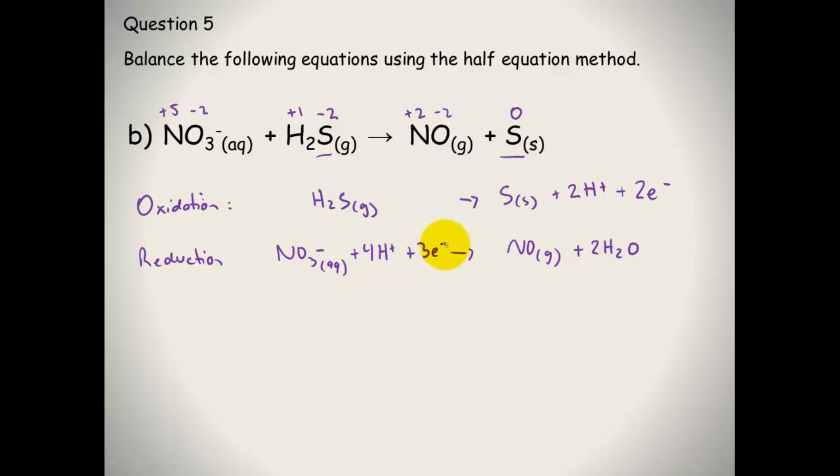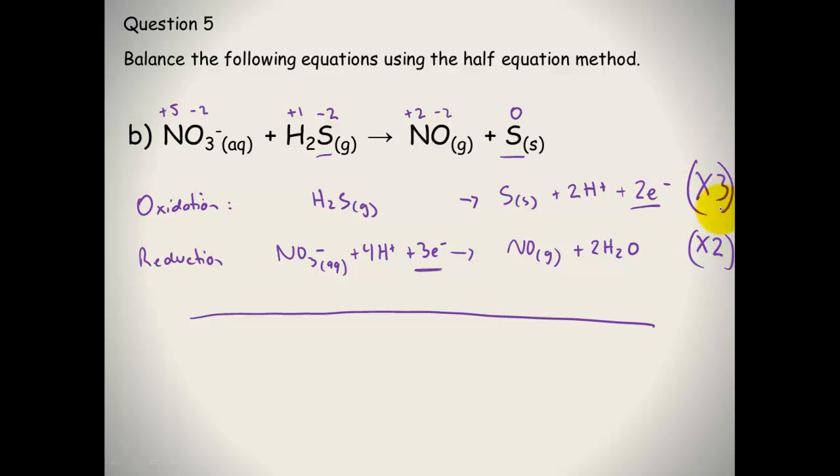Okay, so our next step is to make sure that these electrons here are even so that we can add those two half equations together. So I'm going to need to multiply this equation by 3 and this equation by 2. And I might just swap coloured pens to make it a little bit clearer for you.